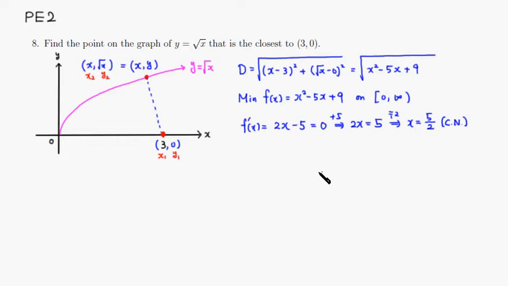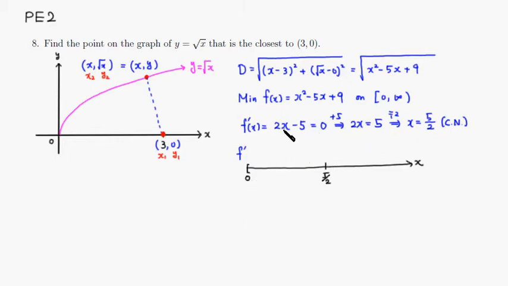Then just draw a number line to make sure that that's going to give us the minimum that we want. So here is 0, and you have 5 halves right here. Let's look at the sign of f prime. We can try 1.